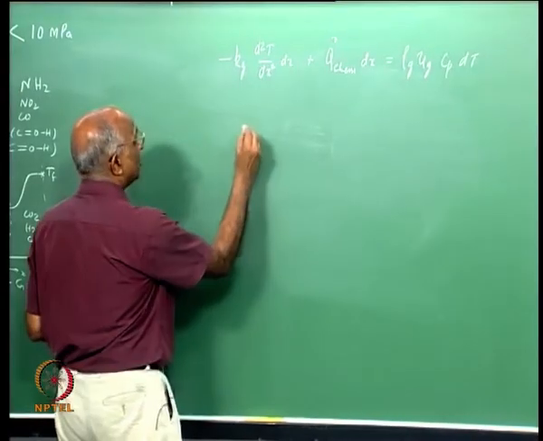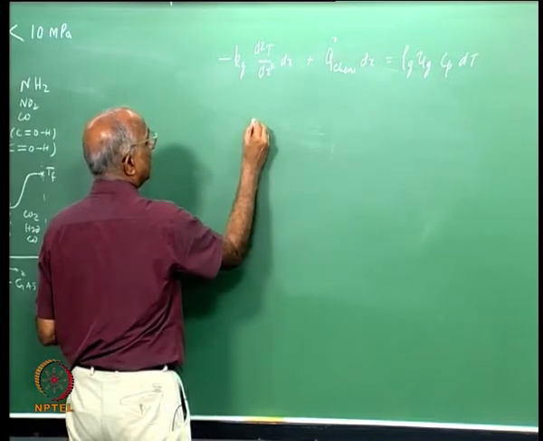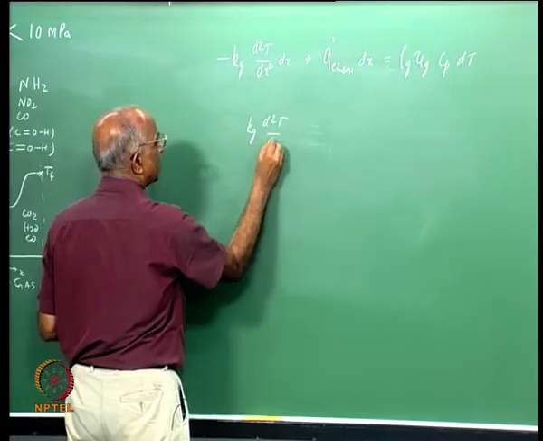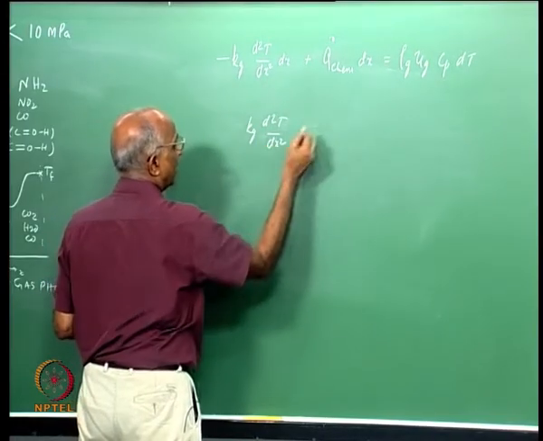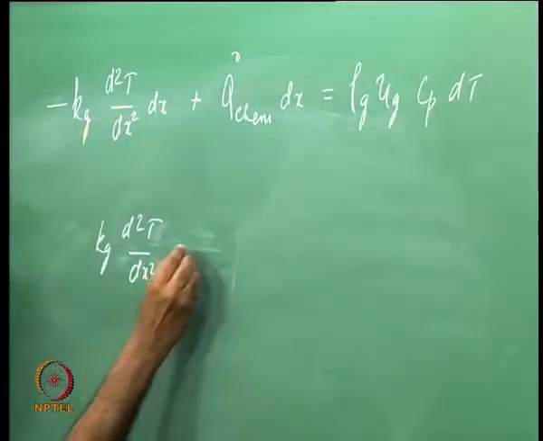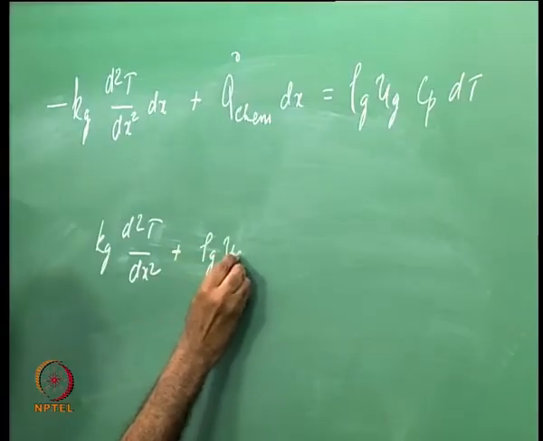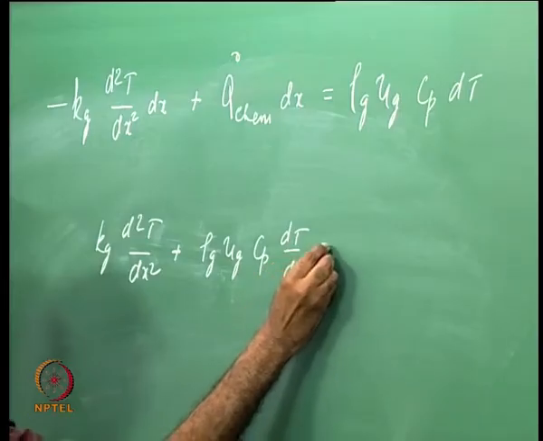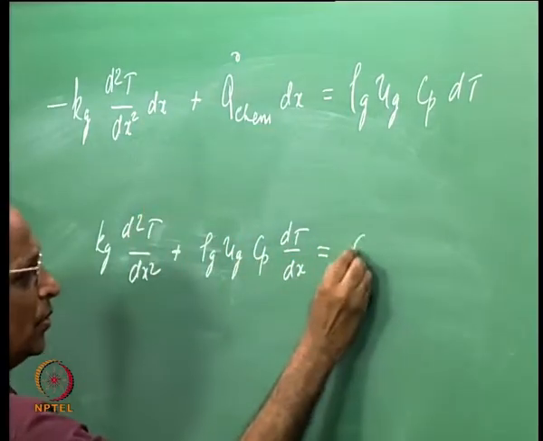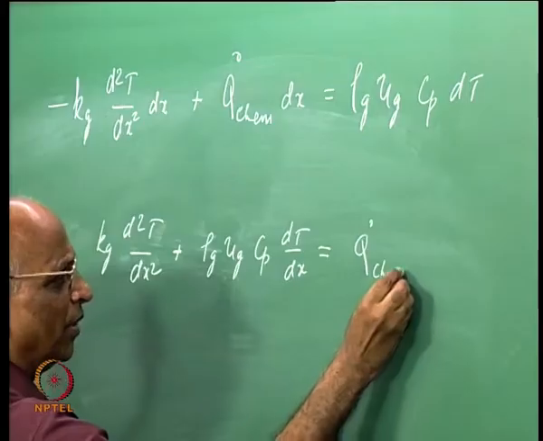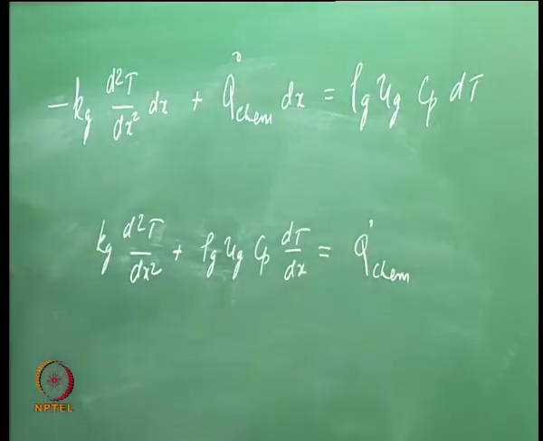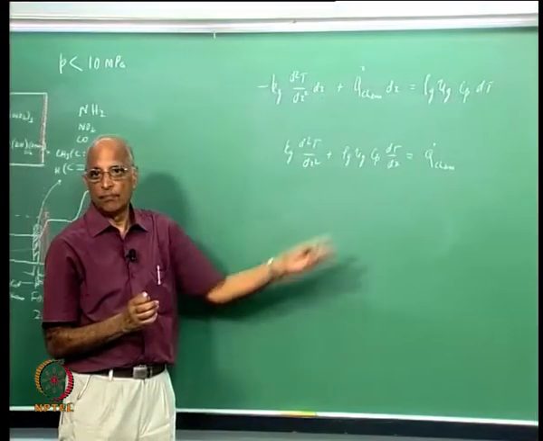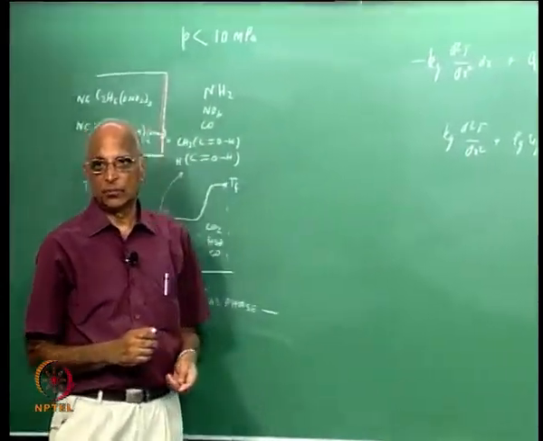We can write this equation as, maybe take dT, I have kg into d2T by dx square, I take it on the right hand side, plus I have rho g ug into Cp into dT by dx is equal to, dx has come out, is equal to Q dot chemical, where Q dot chemical is the energy release per unit volume in the fizz zone, so much joules per meter square, right.